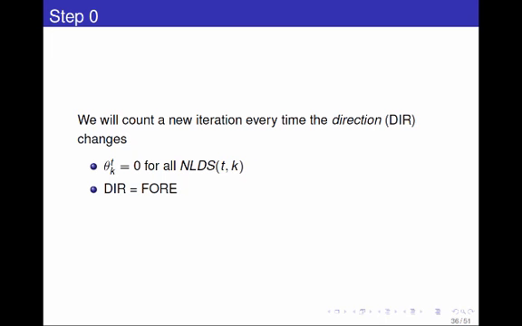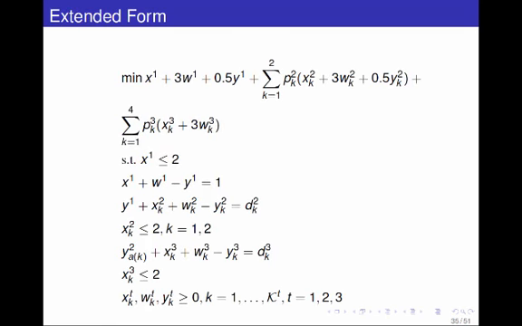Okay, how would the first stage problem look like? Objective function is what does this NLDS at the root look like?